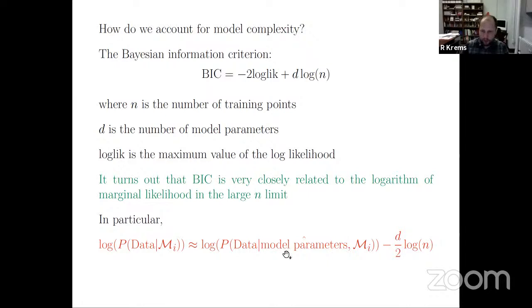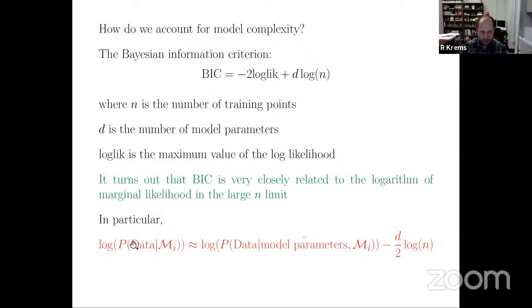In particular, you have this approximate relation here, which can be obtained by applying the so-called Laplace approximation to the integral which defines the marginal likelihood. So this is the marginal likelihood, and we said earlier that within the Bayesian approach, this can be used to discriminate between the models.